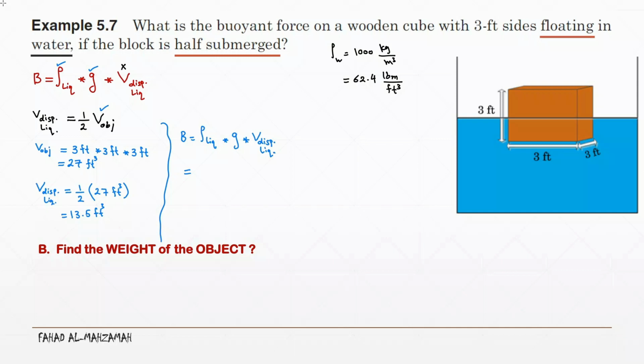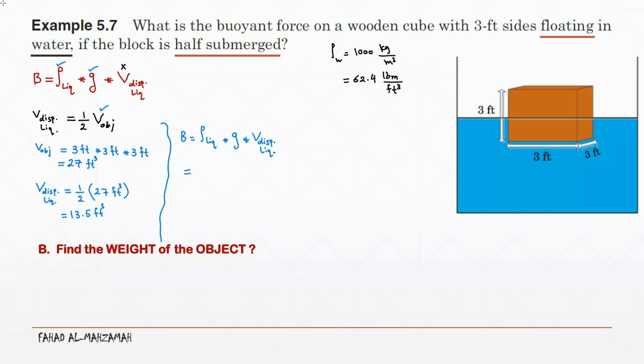Now, which one is suitable to use? Both are correct, both are the same. But which one is better to use in our question? Since all the units are in English and we have feet for the sides and cubic feet for the volume, it's better to use 62.4 pound mass per cubic feet to fit our question.